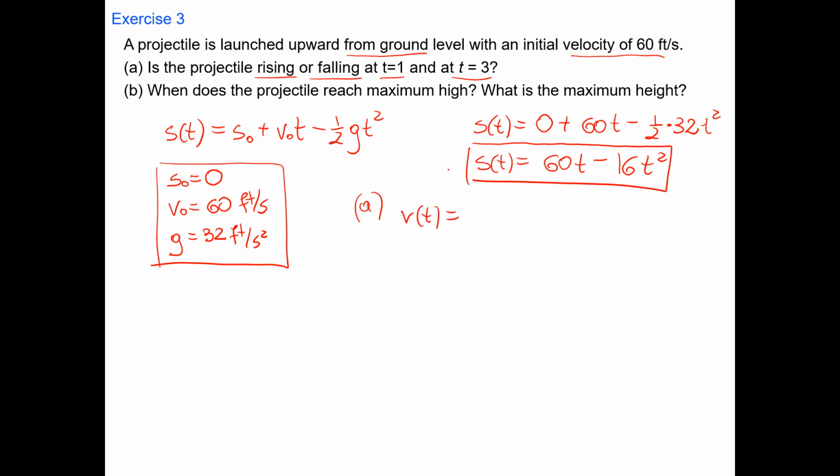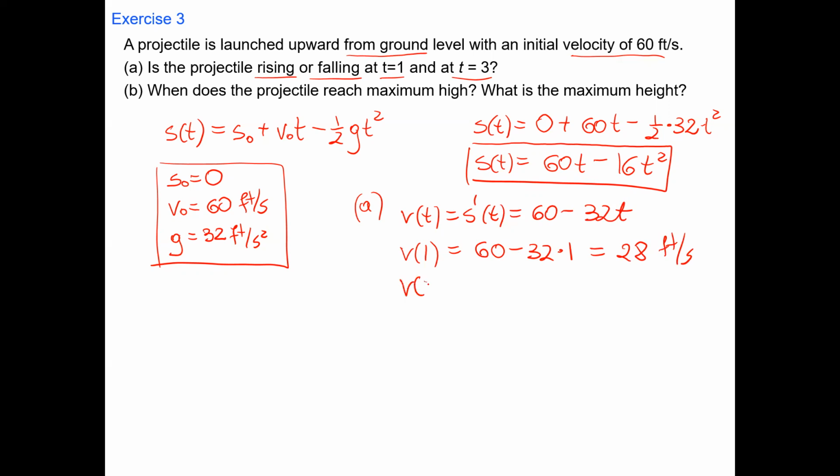I will differentiate s of t. 60 minus 32t. That's the velocity. Let's find out the value at 1. 60 minus 32 times 1. 28, of course, feet per second.